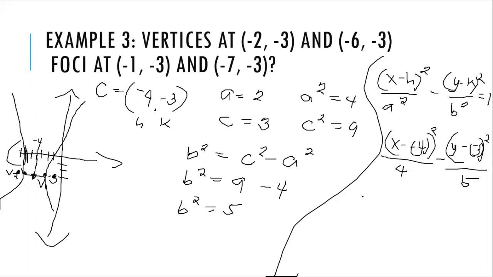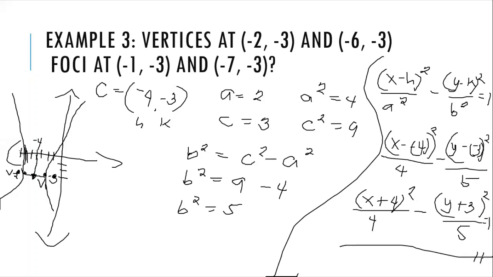X minus negative 4 will become x plus 4, since a negative times a negative is positive. Over 4 minus y plus 3 over 5 equals 1. Okay po, so that's the standard form of our example number 3, the standard form of a hyperbola.